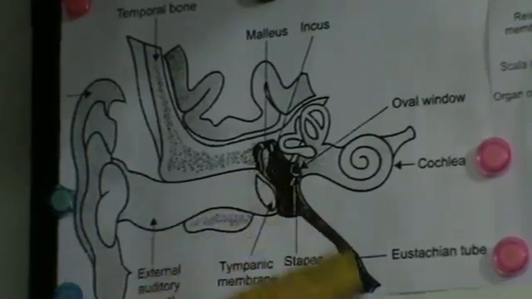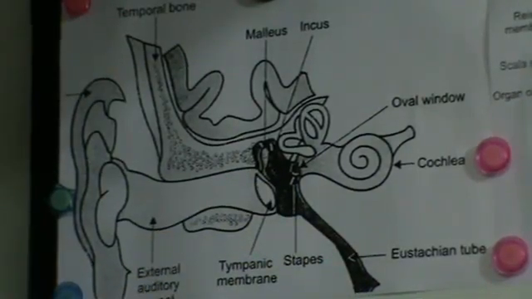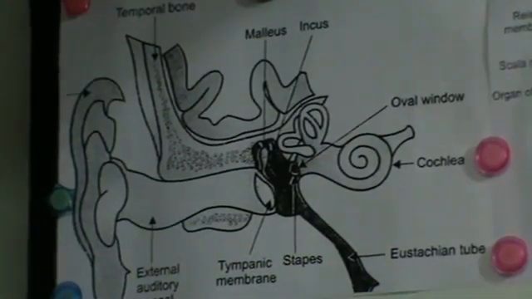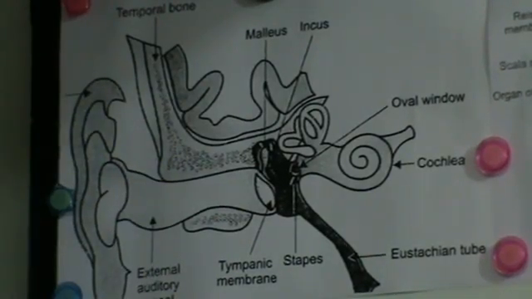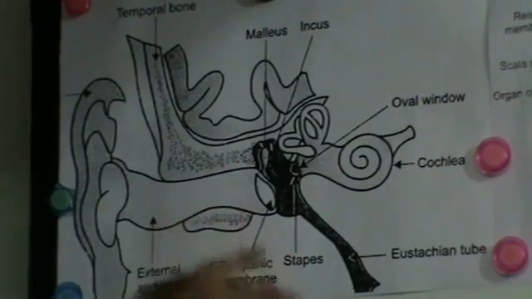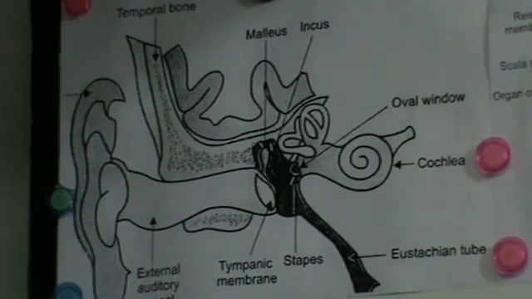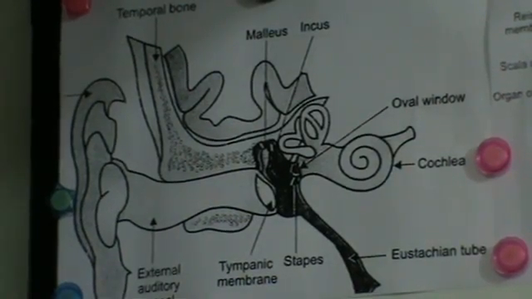It serves to equalize the pressure on the two sides of the tympanic membrane. Otherwise, there's a chance that there would be a rupture in it. So it is the eustachian tube that makes sure you have equal pressure on both sides.